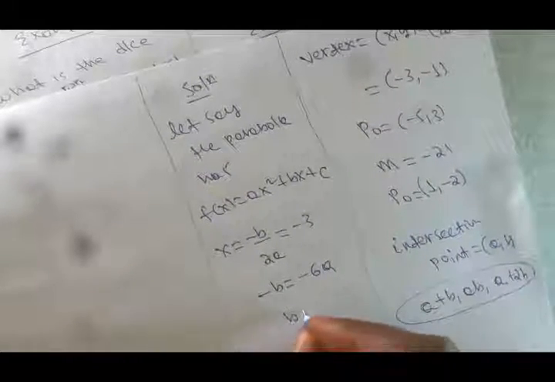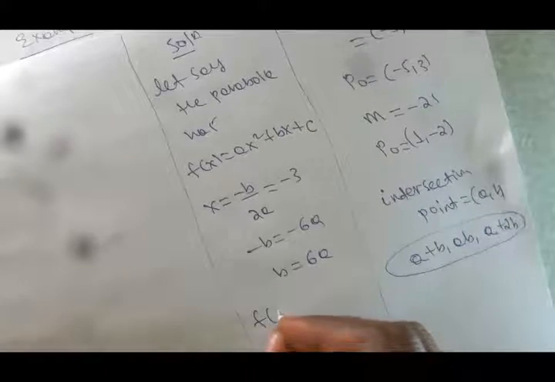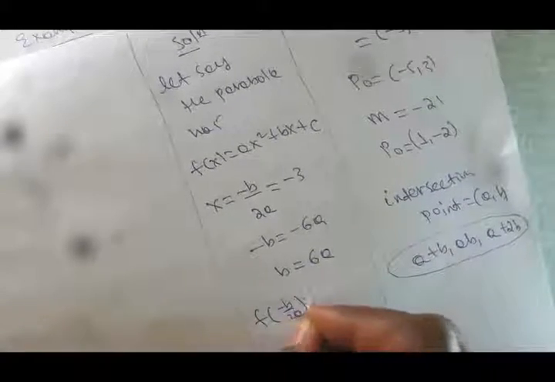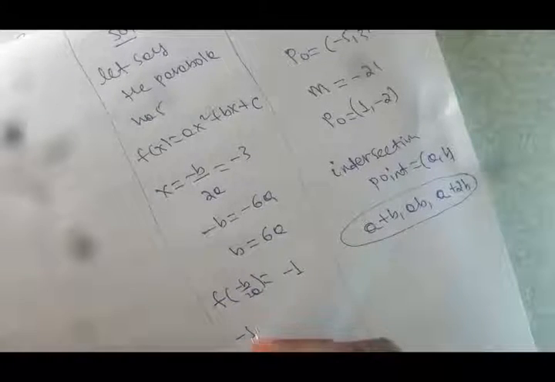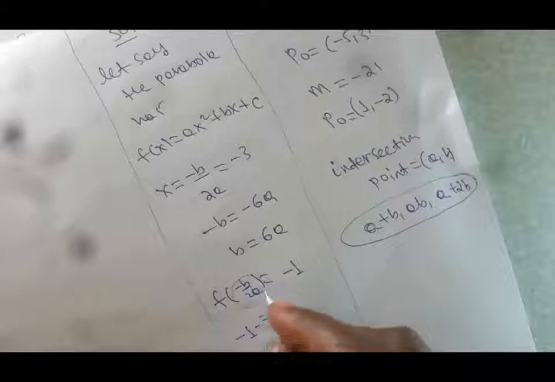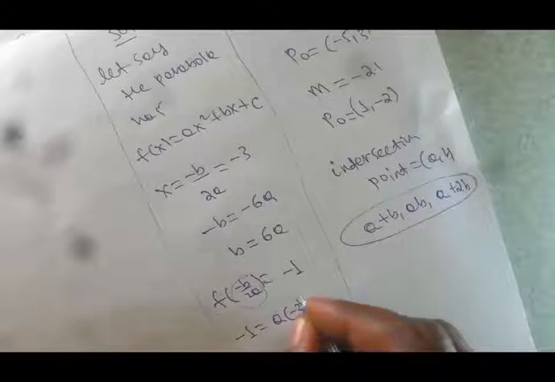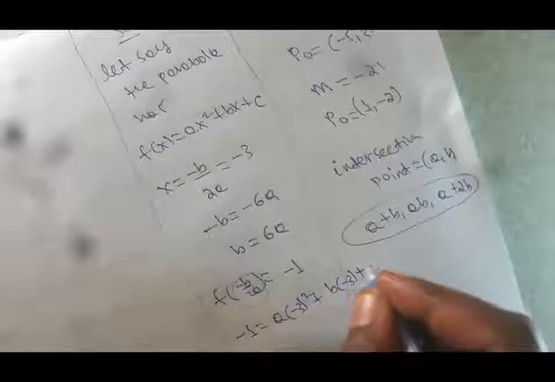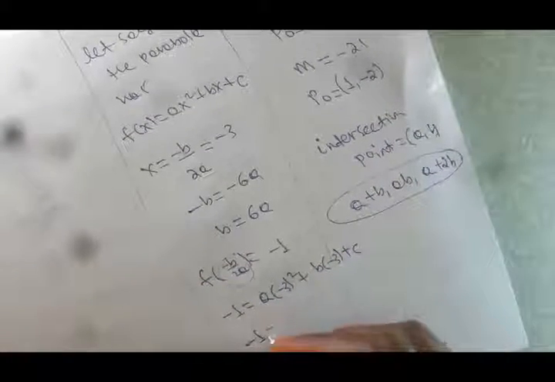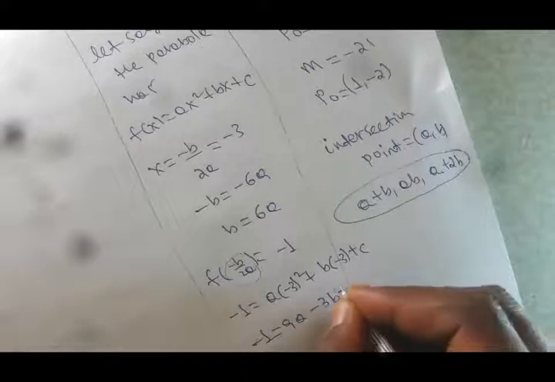Therefore, b is equal to 6a, and f of minus b over 2a is equal to minus 1. Therefore, minus 1 is equal to a times minus 3 square plus b times minus 3 plus c. Therefore, minus 1 is equal to 9a minus 3b plus c.